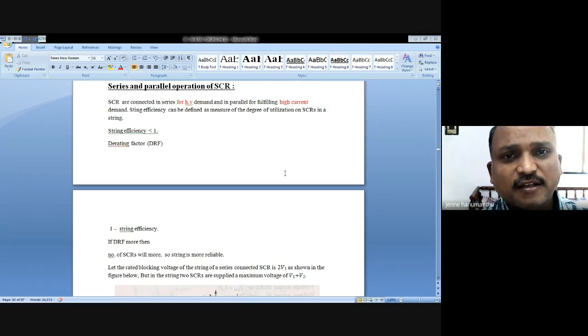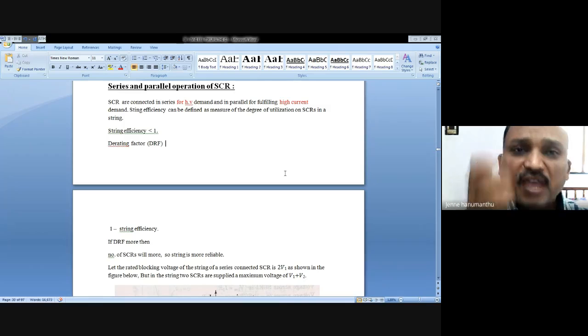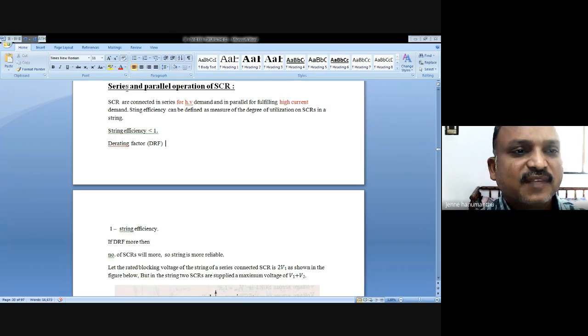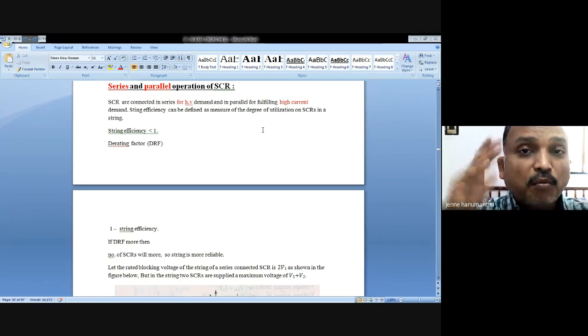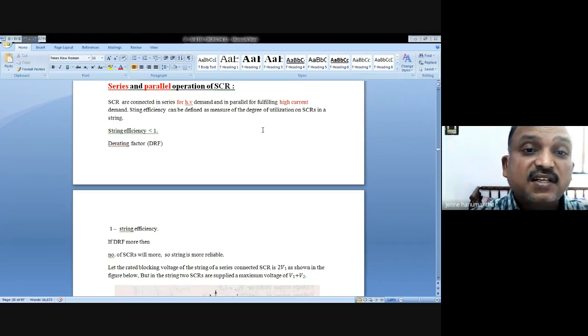If you want high voltage, you choose series connection. If you want high current, which is not possible with a single SCR, you follow a parallel connection. This is the importance of series and parallel connection of SCRs, so that you can get higher operating voltages and currents.